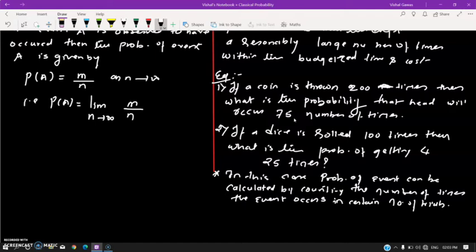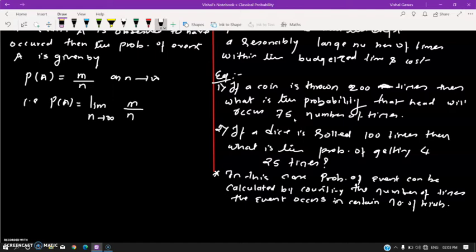But if I repeat this experiment n number of times, it's not necessary that every time the probability of getting head would be half, because there would be instances that I don't get head at all. So in this kind of problem, the classical definition of probability doesn't come to our aid.